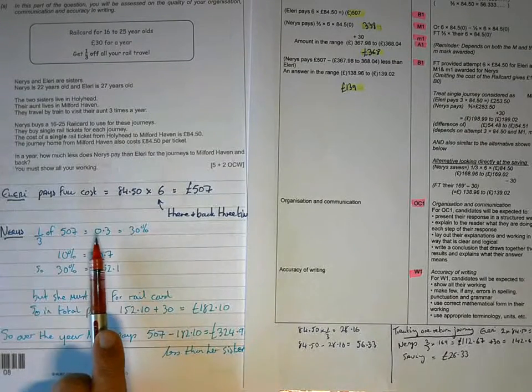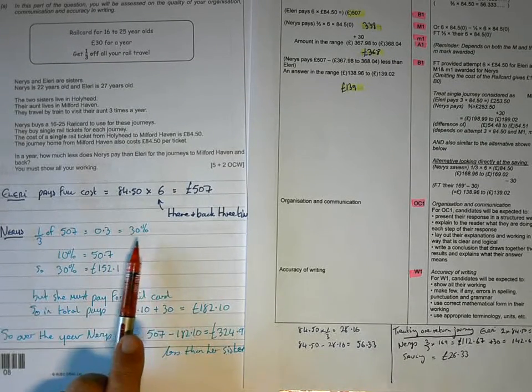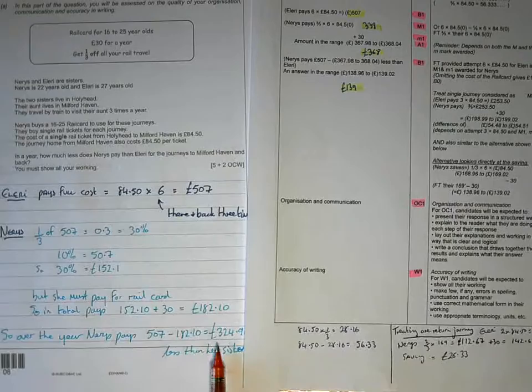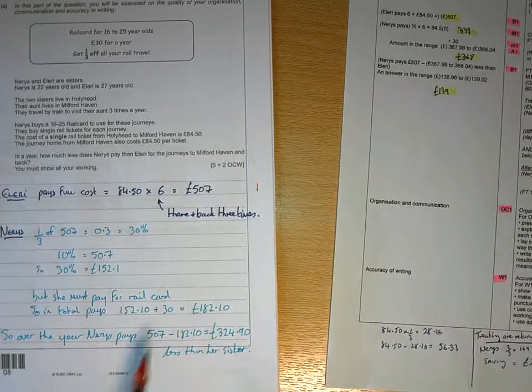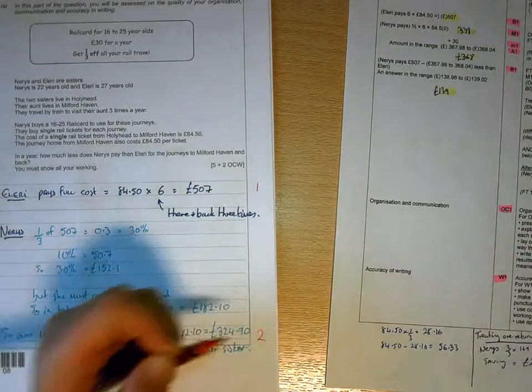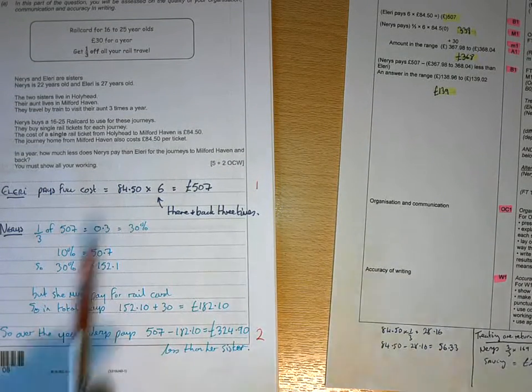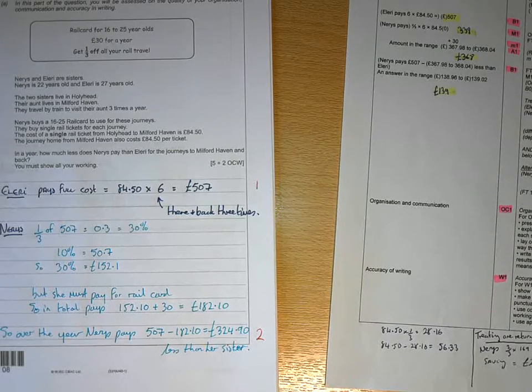Even though a third isn't 0.3 or 30%, the mathematical form, not the arithmetic, is fine. And the appropriate units and so on have been used with the pounds. So this candidate is actually going to get both of those OCW marks. So they end up earning 3 out of 7 for that question.